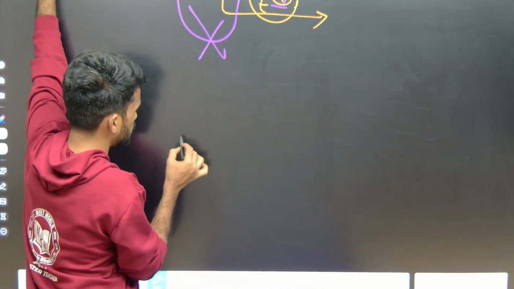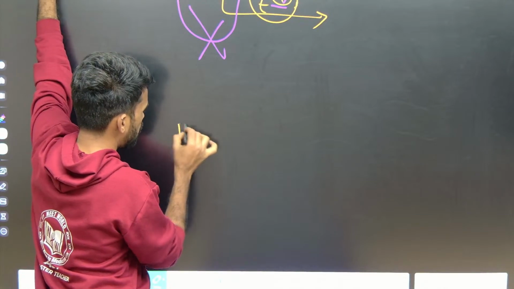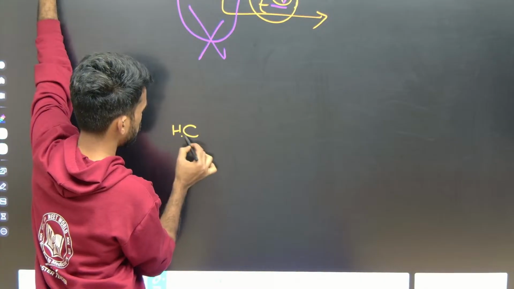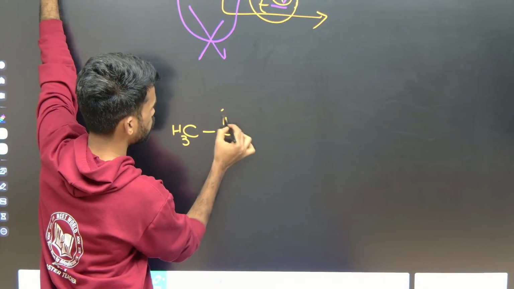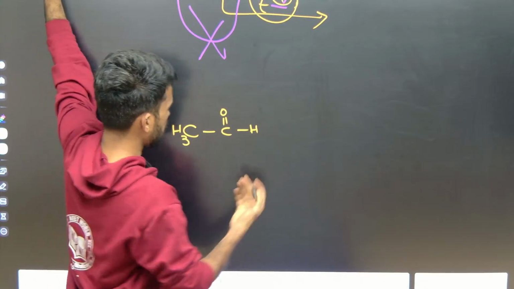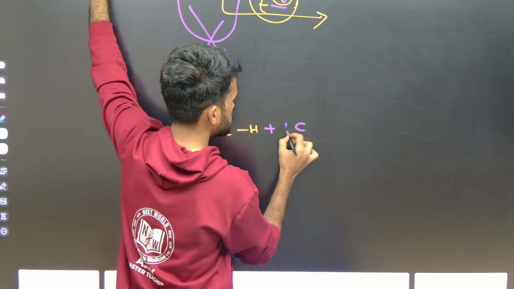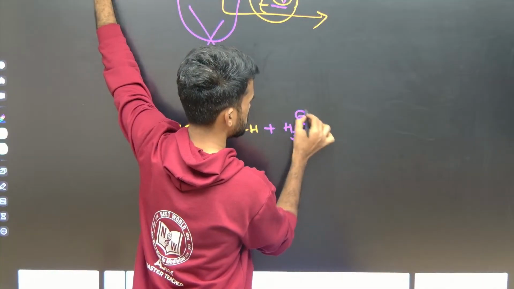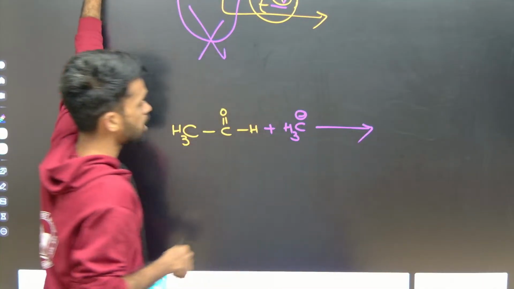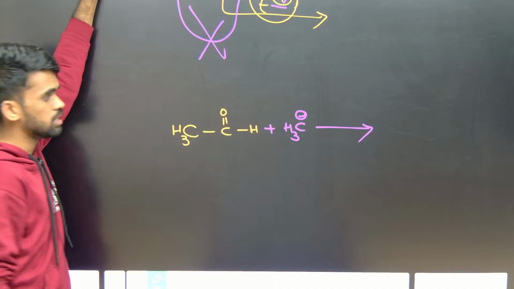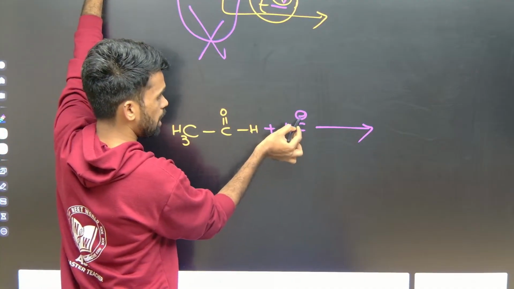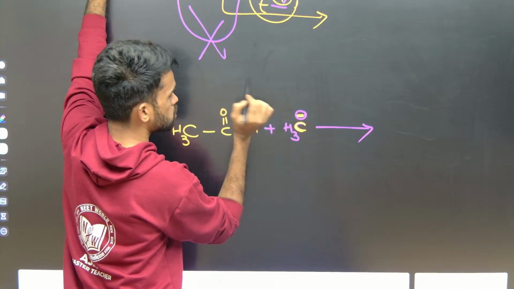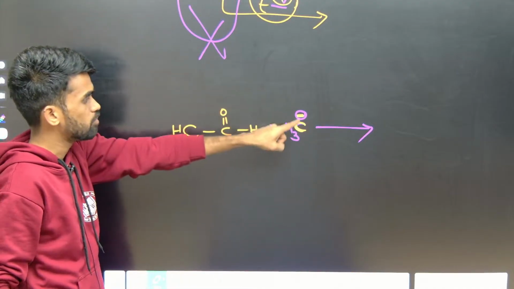See here what I am writing. We have CH3, C double bond O, H, and this is reacting with CH3 minus. CH3 minus means this carbon has a negative charge, and a carbon with negative charge is called a carbanion, with more electron density.